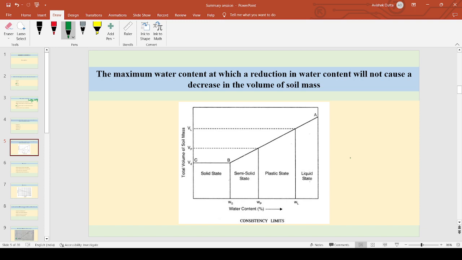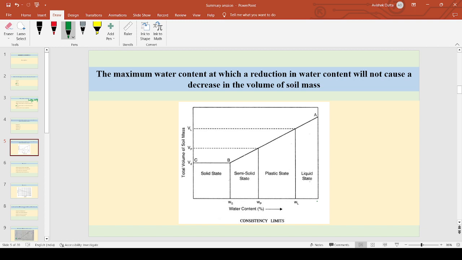It is moisture content on the x-axis and the volume of soil mass on the y-axis. Now it is showing the consistency limits. What are the consistency limits? Liquid limit, plastic limit, and shrinkage limit. This is the liquid limit, WL, after which the soil goes completely into a liquid state.